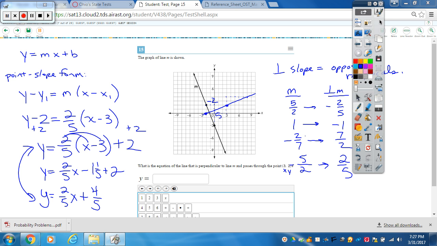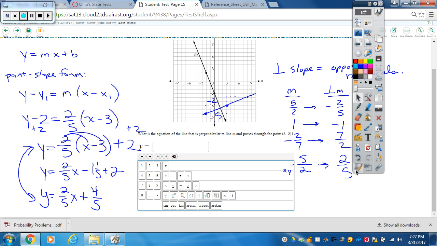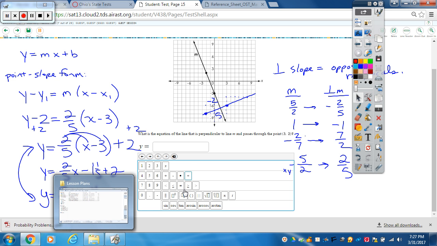So when I look at this, if I'm going to go ahead and answer this, they already have the y equals there for you, so you don't have to type that in again.